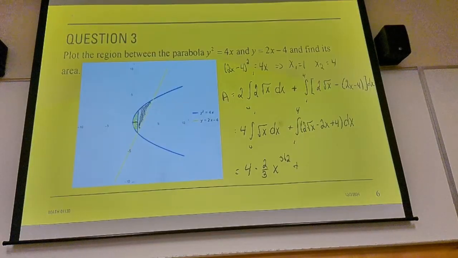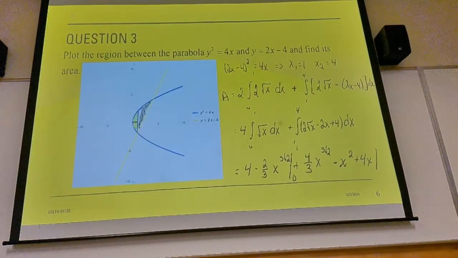Now, what about the second? Thirds x what? So the first piece goes from 0 to 1.